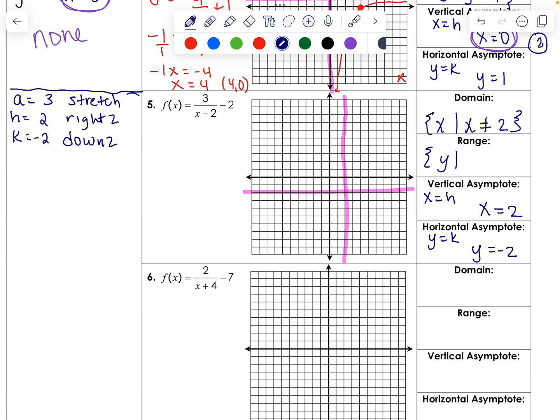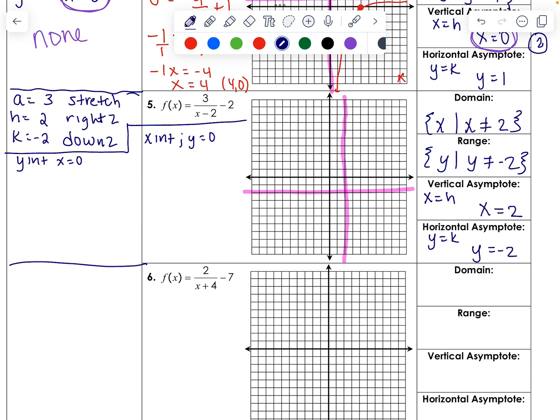And y such that y cannot equal -2. Okay, so here we go. So again, I'm going to do my x-intercept, y equals 0 over here. And I'm going to do my y-intercept, x equals 0 over here. Neither one of my asymptotes are 0, so there's one of each of those, so I'm going to have to figure them out now.